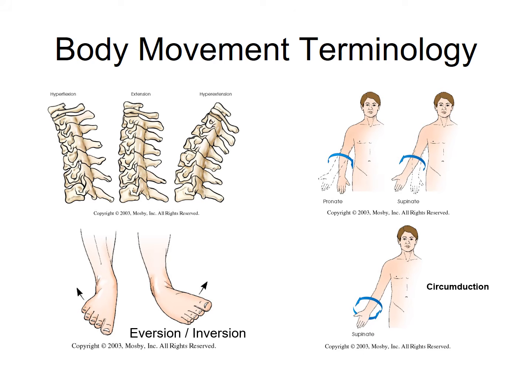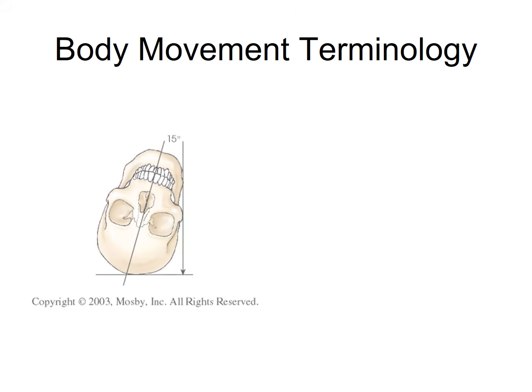If I move my hand all the way in a circle, well, this is called circumduction. Circum meaning around. If I've got a body part and I take it and I turn it a little bit, I say I tilt the body.